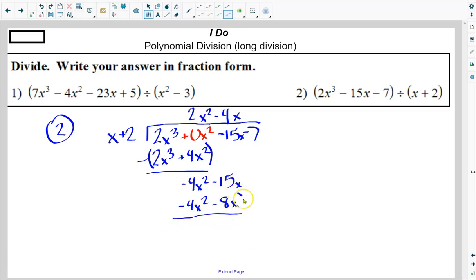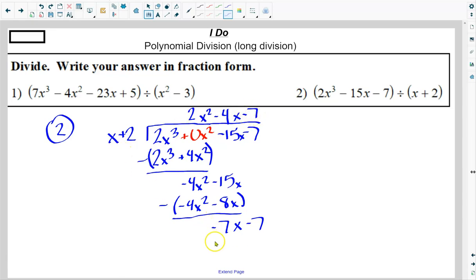Okay. I put these parentheses so we don't forget we're subtracting all of it. Okay. So this minus this becomes plus. I have, and this minus this becomes plus. This cancels. Okay. So now the last thing I need to do is ask myself, what do I need to multiply to this x to get this guy? Minus 7.